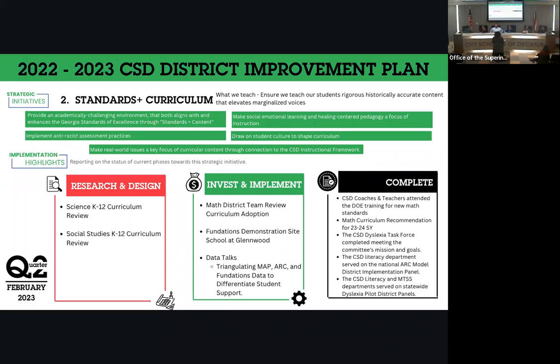The dyslexia task force was designed this year to support CSD in building an informed and educated school community that proactively identifies struggling readers and delivers sustainable, equitable, and proven effective reading instruction for all students, including those who are diagnosed with traits or characteristics of dyslexia, and or struggling readers, to become skilled lifelong readers.